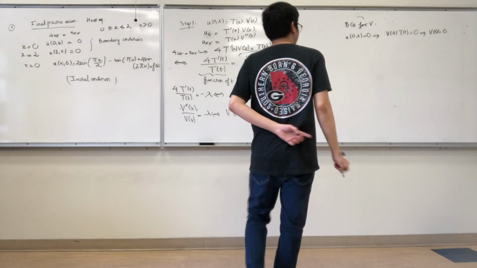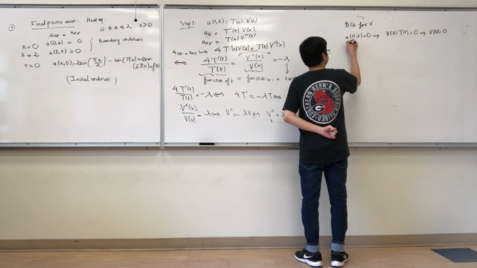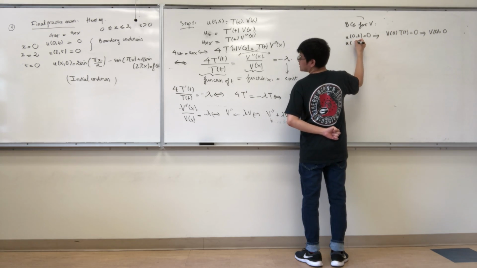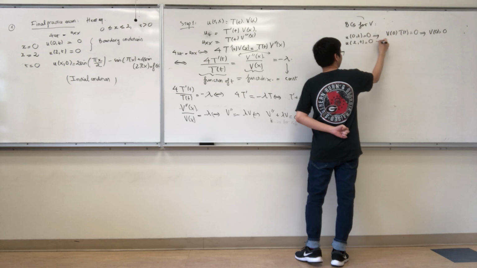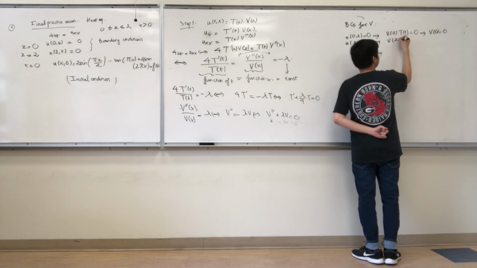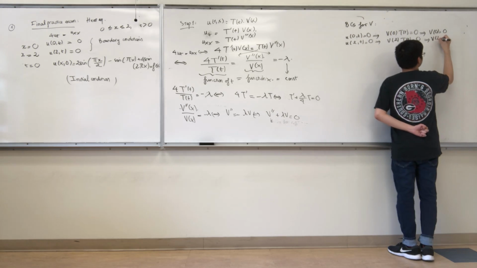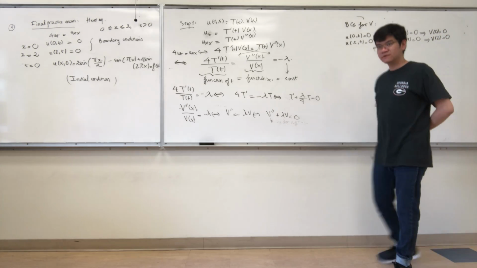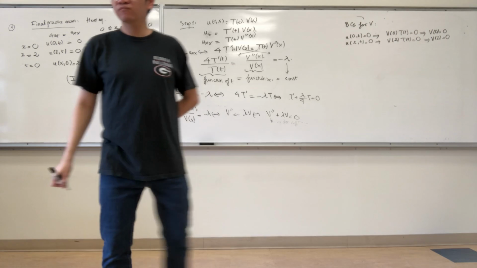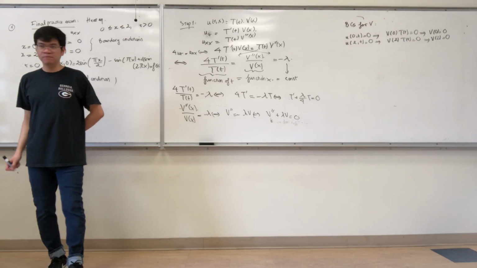And u at 2, t, which means that V at 2 times T of t is 0, which means that V of 2 is 0. Alright? It's clear?